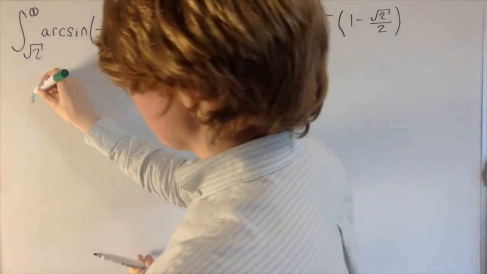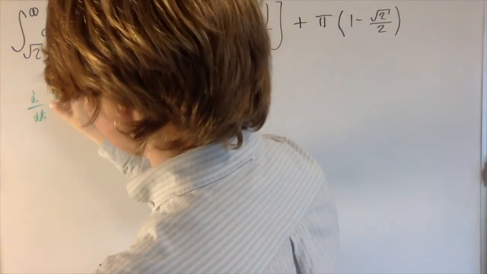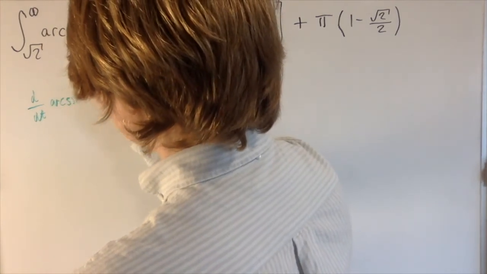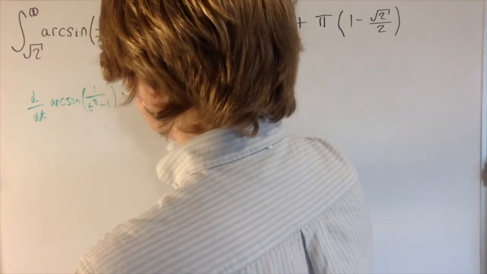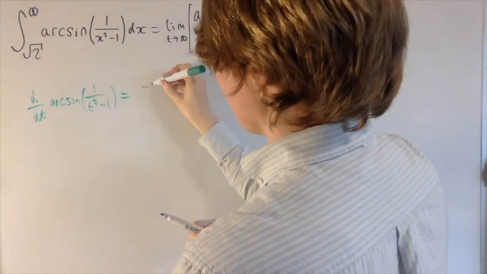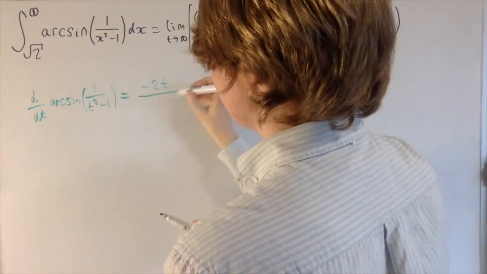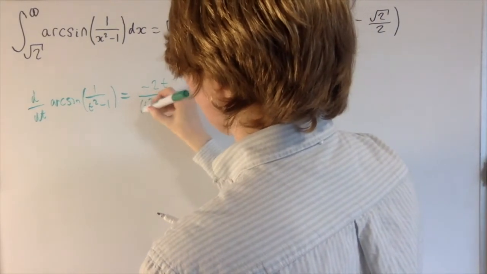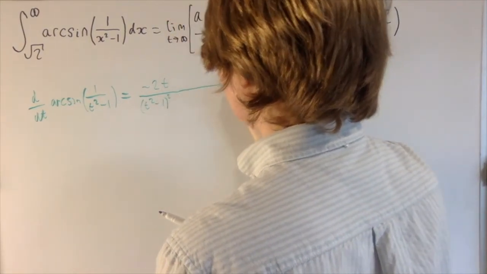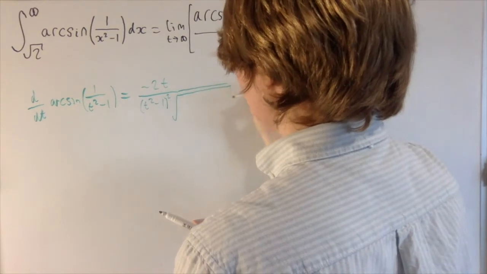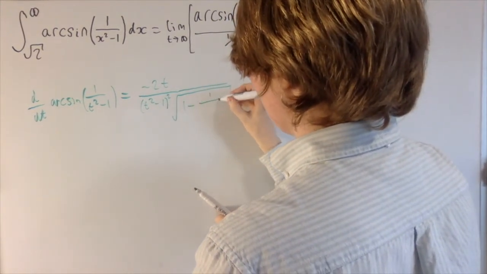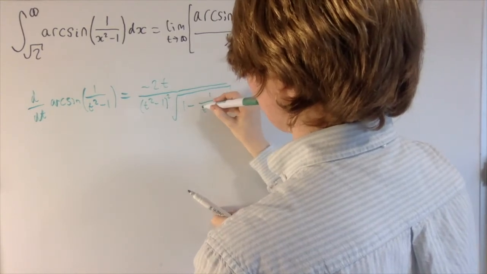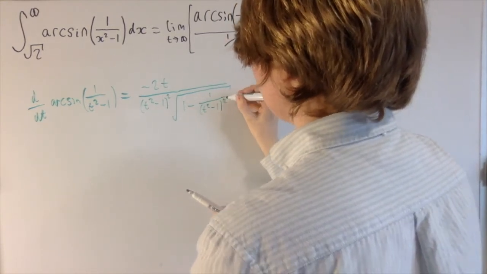So we have already actually seen how to differentiate arcsine of 1 over t squared minus 1. This gives us a big nasty expression: minus 2t over t squared minus 1 squared, and then your big square root here of 1 minus 1 over t squared minus 1 all squared.